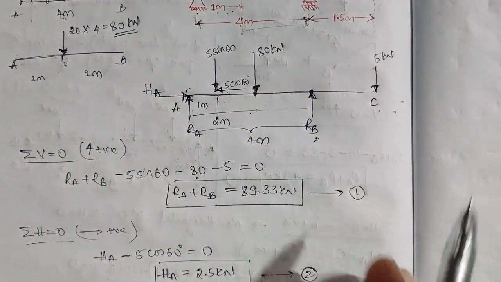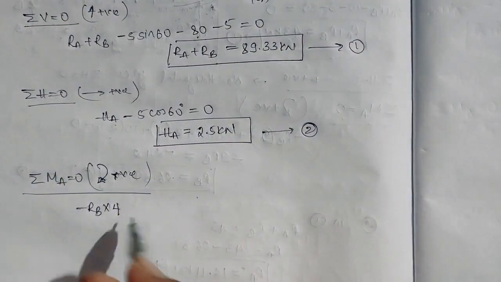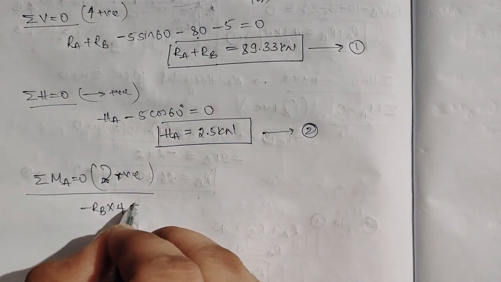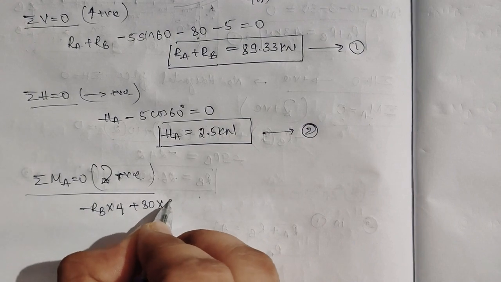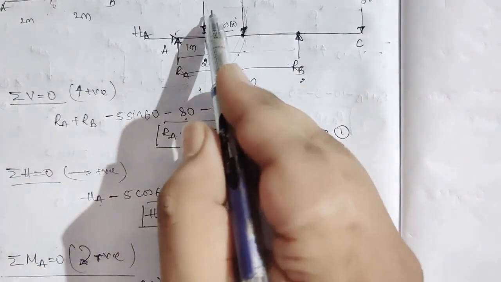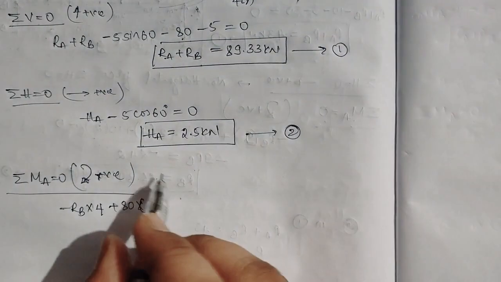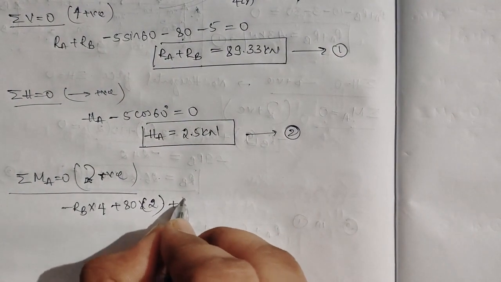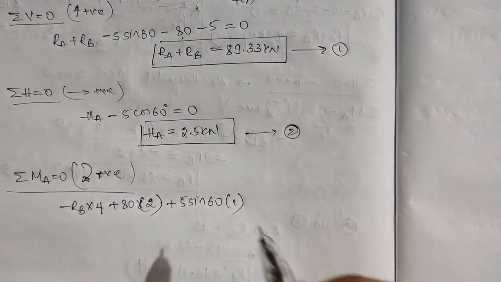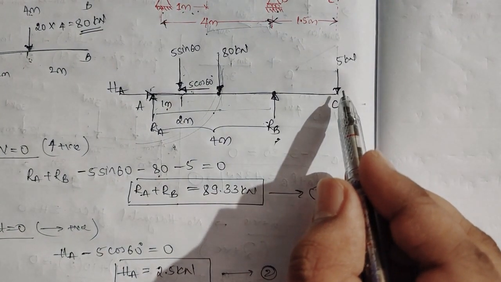Then 80 kilonewton is downwards, it will make clockwise moment, so 80 into 2. Then this 5 sine 60 into 1 meter, so it is positive 5 sine 60 into 1. So all the forces: RB, 80, and 5, and over here an overhanging force is there.